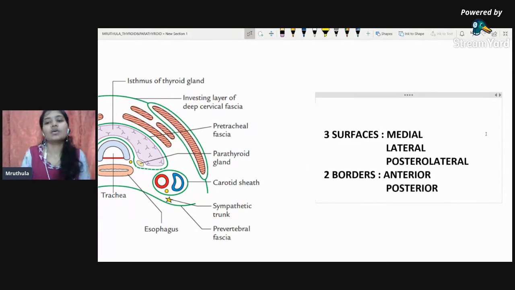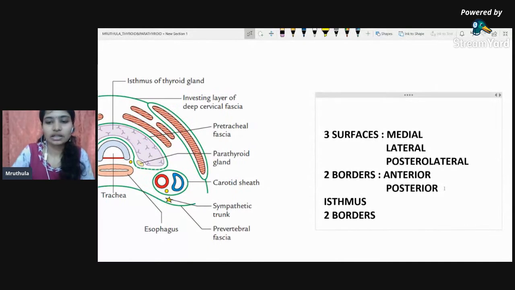Now, what about the isthmus? The isthmus has two borders and two surfaces. What are the two borders? You can say it by yourself.